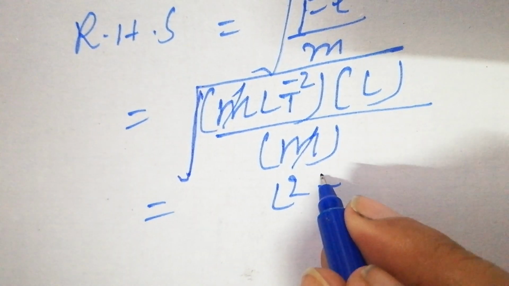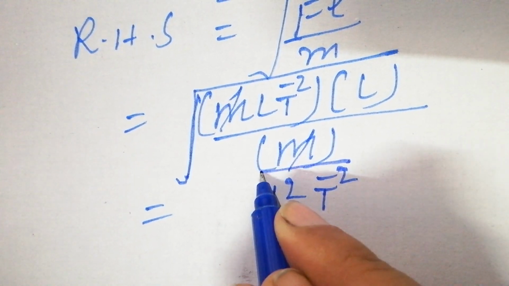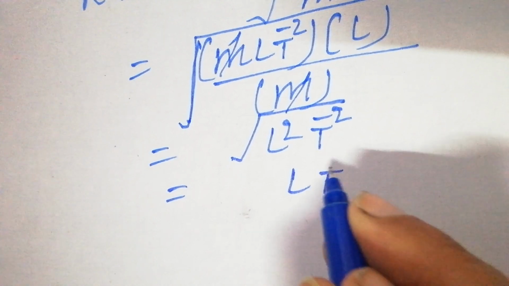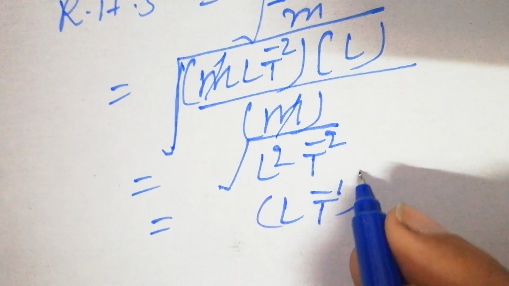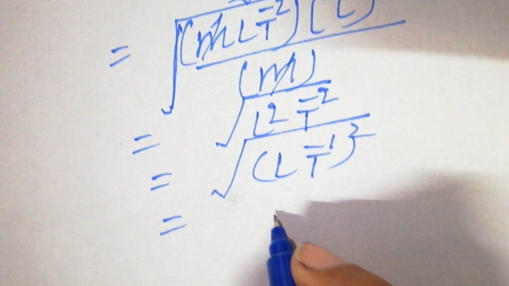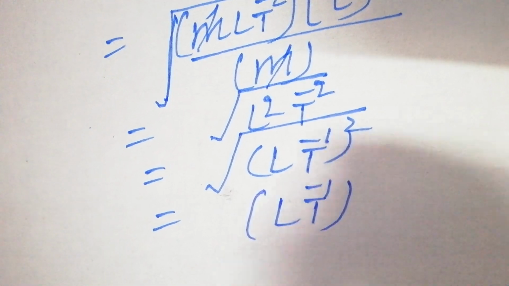Finally you get (LT^-1)^2, and taking the square root of that, it will be equal to the dimension LT^-1.